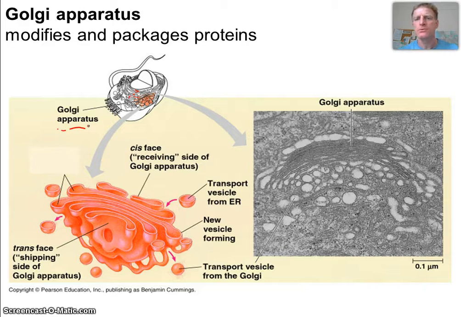This is where those proteins get modified and packaged up into little membrane-bound containers. Notice there's a receiving side, where the proteins come in, then they get packaged up and sent out on this side. The structure that does that is called the Golgi. Sometimes it's called the Golgi bodies, Golgi apparatus, or just Golgi. It's the packaging center within the cell.